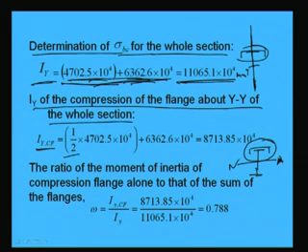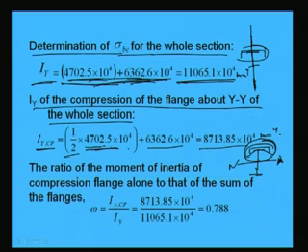Half of 4702.5 into 10 to the 4 plus 6362.6, this one, and half of the I section. So, this is becoming 8713.85 into 10 to the 4. So, Iy in the compression flange is becoming 8713.85 into 10 to the 4 millimeter to the 4.